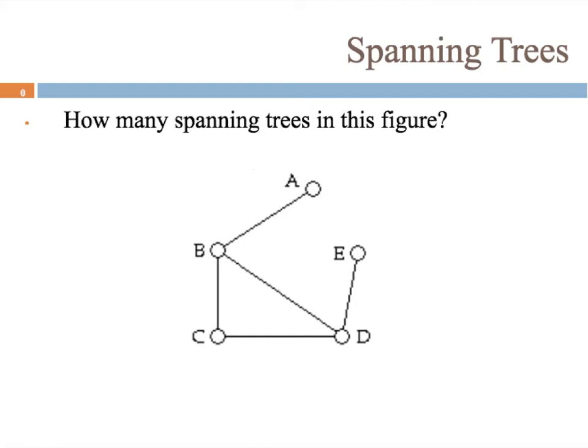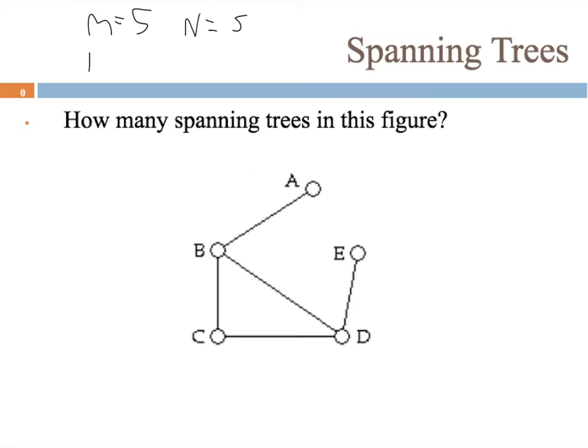Another example here. How many spanning trees are in this figure? Let's see it once again. We have 1, 2, 3, 4, 5 vertices, so this time n equals 5, and m equals 1, 2, 3, 4, 5. Similar problem.